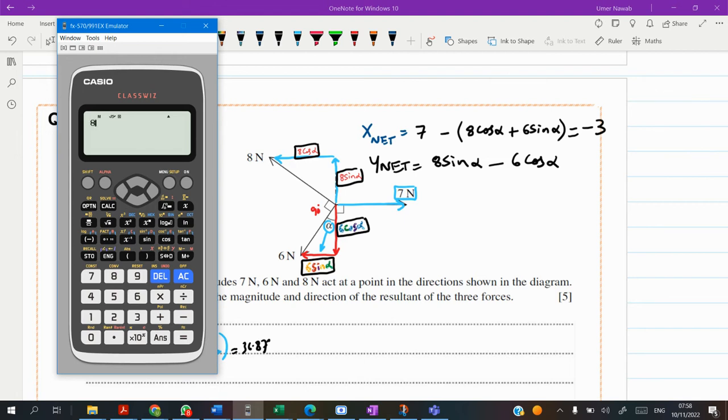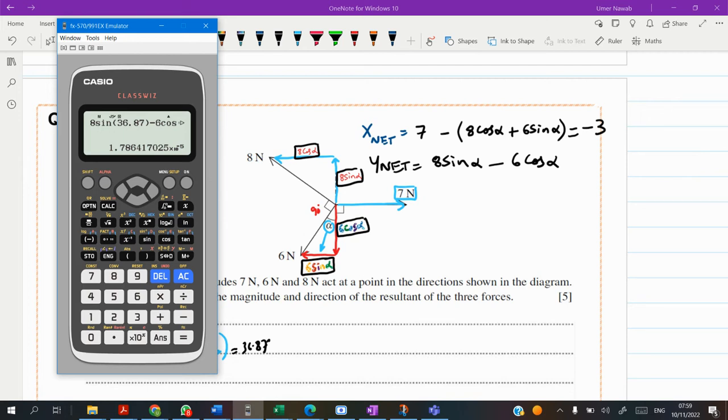So 8 sine 36.87, close the bracket, minus 6 cosine 36.87, close the bracket, and it gives us a very small value, which I think approximately I can say is 0 because they are balancing each other.